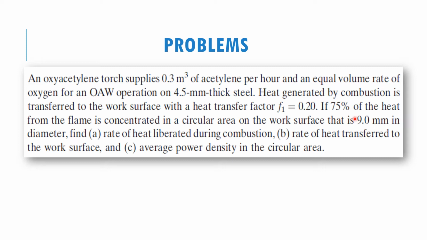If 75% of the heat from the flame is concentrated in a circular area of the work surface that is 9.0 mm in diameter, find A, the rate of heat liberated during combustion, B, the rate of heat transfer to the work surface, and C, the average power density in the circular area. Okay, so let's see the solution for this one.